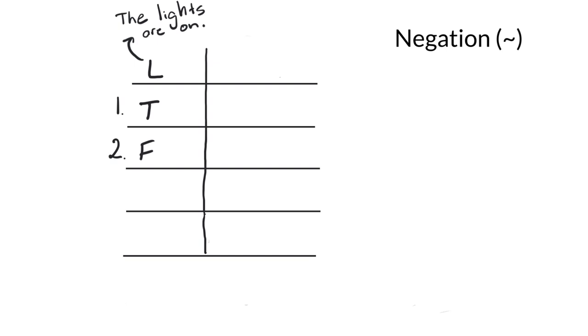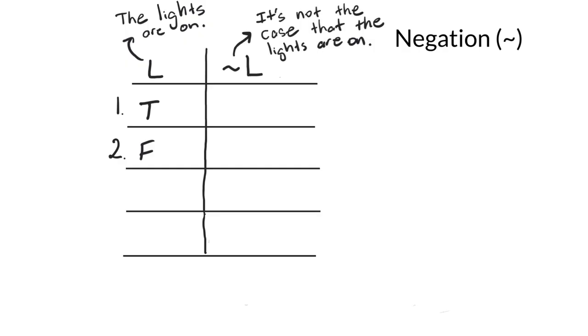So now the question becomes, what's the truth value of tilde L? The tilde L just means it's not the case. It's not the case that the lights are on. So for row 1, if it's true that the lights are on, well, what's the truth value of it's not the case that the lights are on?